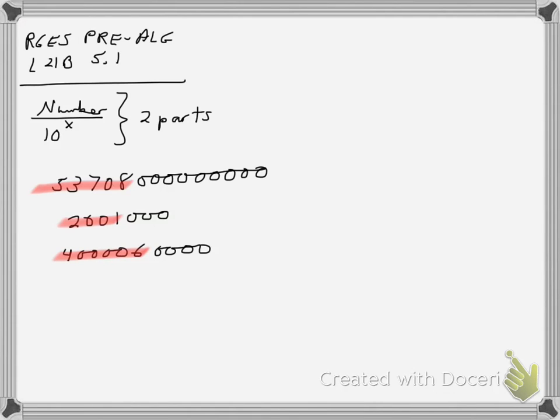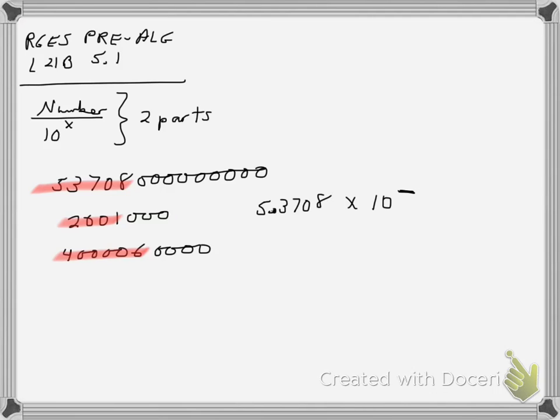Now we're going to write these with just one digit before the decimal point. So the first one is going to be written as 5.3708, and then we're going to multiply it by 10 to a certain power.